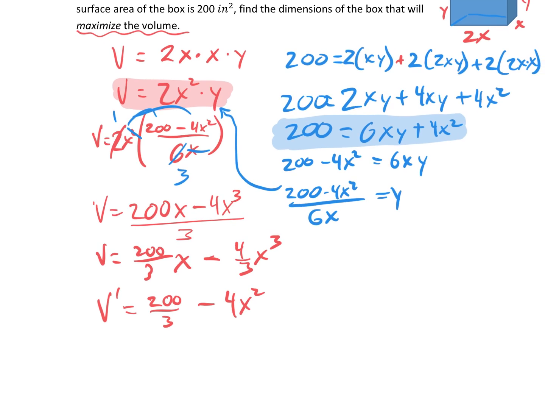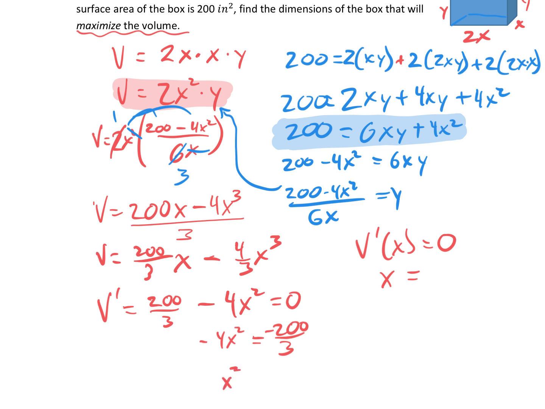All right, so for the sake of time, since this is a calculator test, if you want to write this down and use your calculator, you can. Let's go ahead and calculate it real quickly here. We've got negative 4x squared. Subtract 200 thirds from both sides. Multiply by, or actually divide by negative 4.